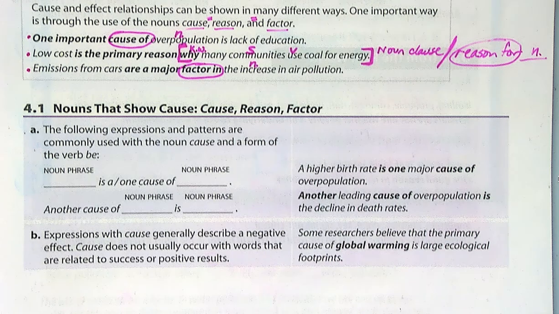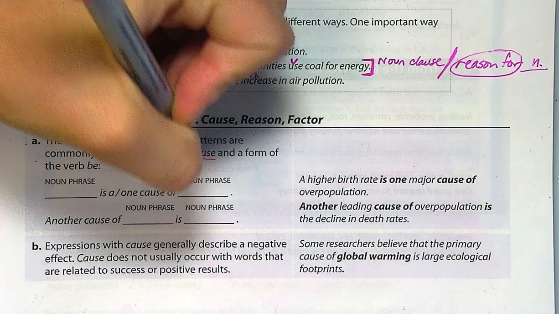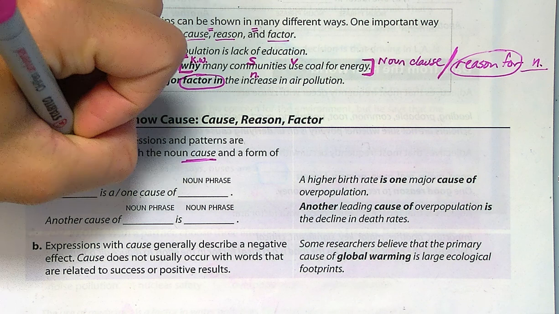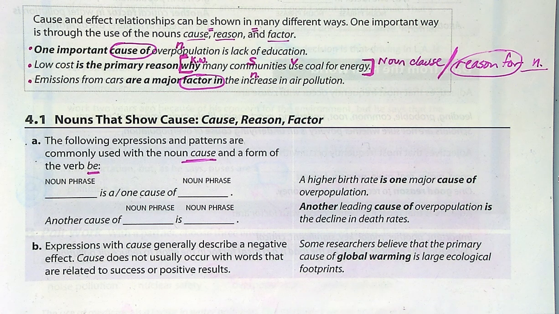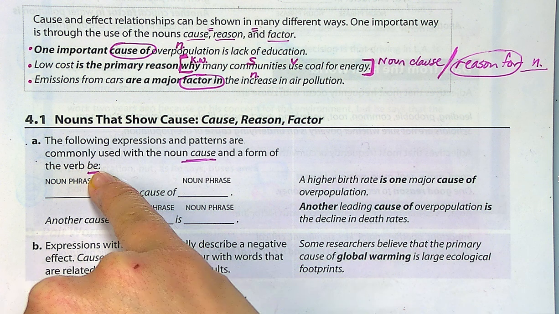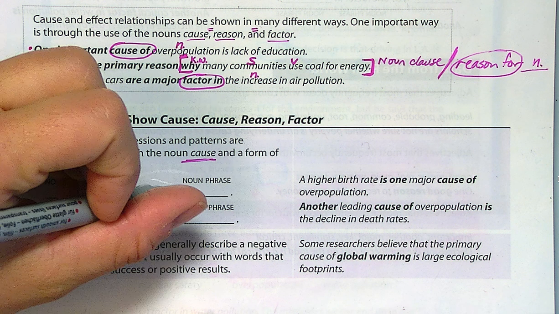Let's take a look at some of the different patterns or different ways that we could use this. The following expressions and patterns are commonly used with the noun cause and some form of the verb be. So we're looking at our noun here and then our be verb. In this case, we are looking at our main clauses as subject and verb. So: blank noun is one cause of.